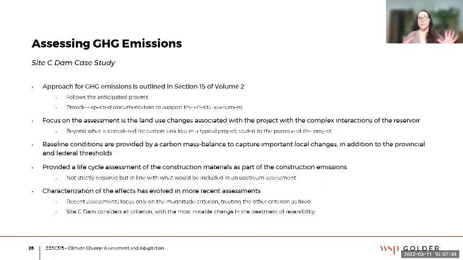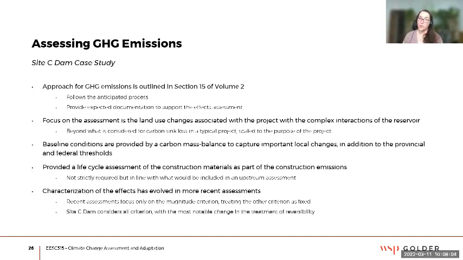But the focus of the assessment is the land use changes associated with the project because of the complex interactions of the reservoir. So this is well beyond what would normally be considered for carbon sink loss in a typical project. So this, again, is a great example of something that's been scaled to the purpose of the project.